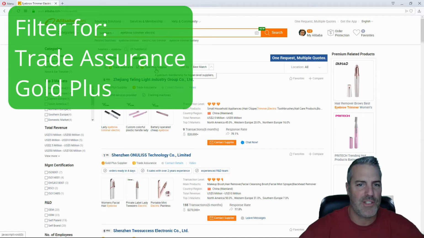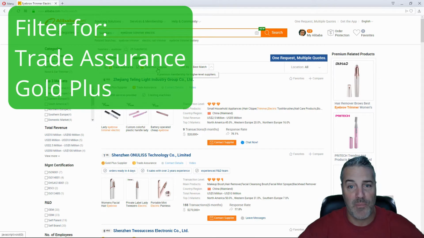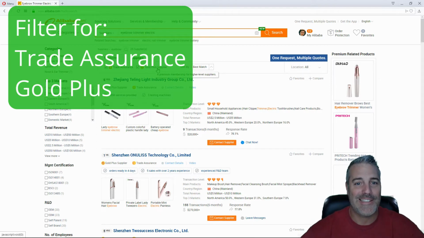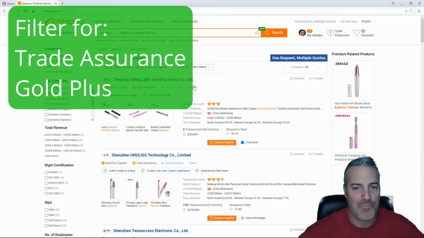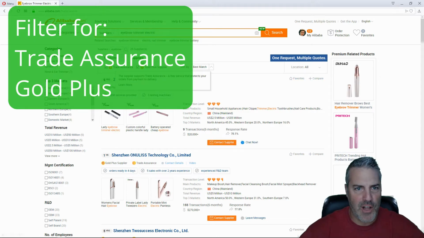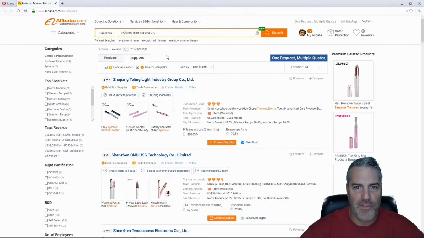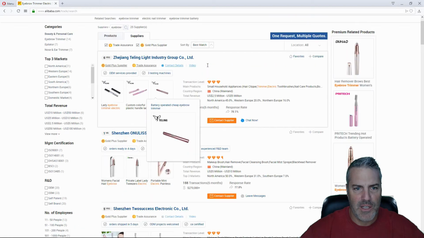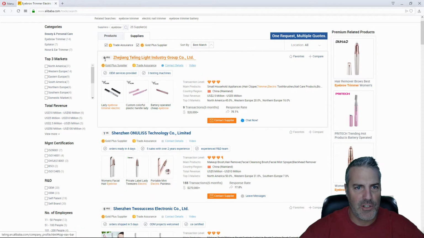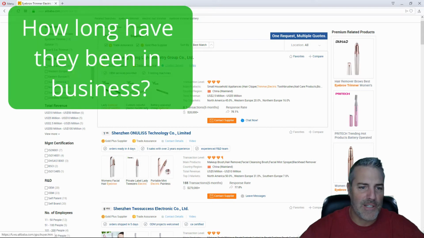Gold plus is just, well, a premium membership, so that means that they just pay to get better placement or better credentials on their system. So here we filtered out quite a few. We only have 25 suppliers left, and if we start looking at these guys, one of the first things that I look at is how many years they've been in business.